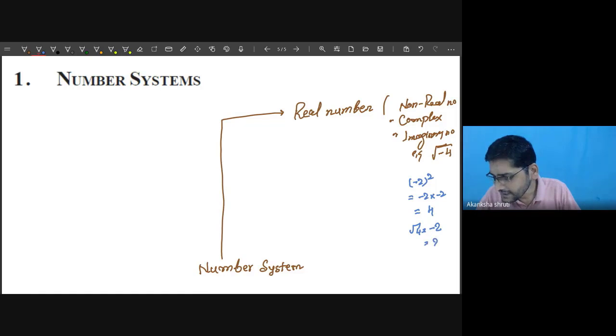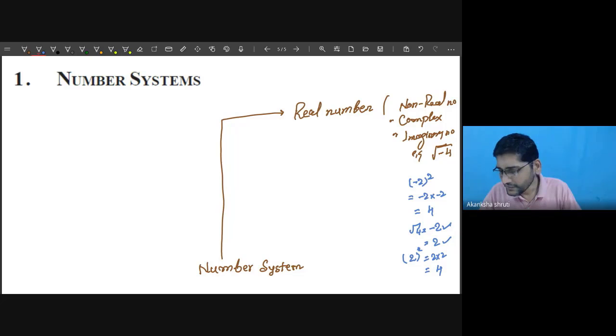That is also possible. If you are taking +2 square, that means 2 into 2, this is equal to plus 4. Get it? So it means the under root of 4 can be -2 or +2, both. It is possible.